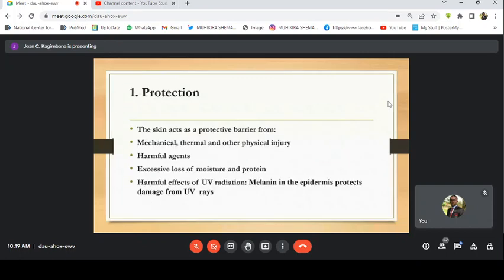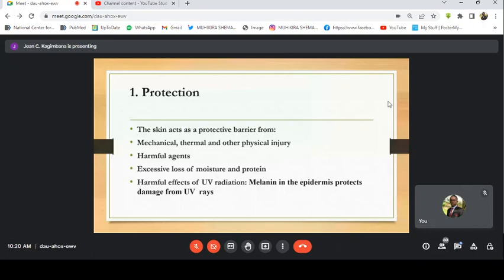Now, let us go to the role of protection. The skin has a role as a barrier from the environment, from toxic components, from everything we can apply. And it protects against mechanical, thermal, and other physical injuries and harmful agents.